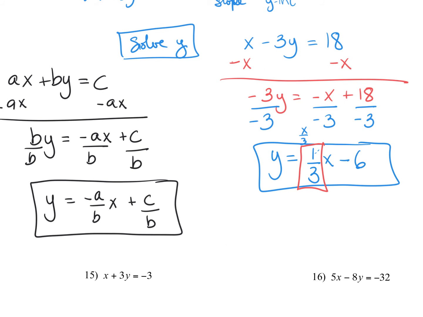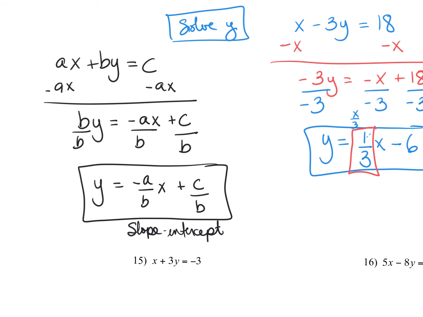Well, that tells you that this is our slope intercept form, or our y equals mx plus b form. Let me write that over top. So y equals mx plus b.